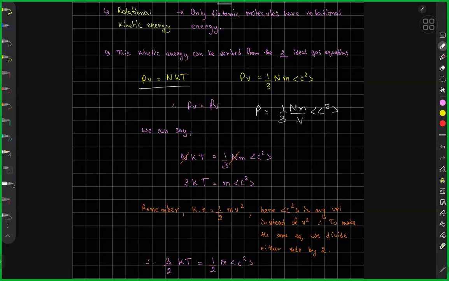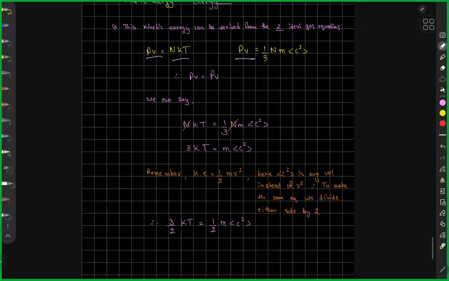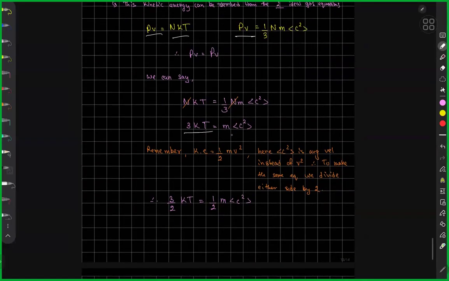I've basically multiplied by V on either side to get this format. So what I am setting as equal is PV and PV. So I'm saying NKT is equal to 1 by 3 NMC square. And I can cancel the number of particles on either side. And I'm left with 3 KT, I basically multiplied by 3 on either side, is equals to MC square.